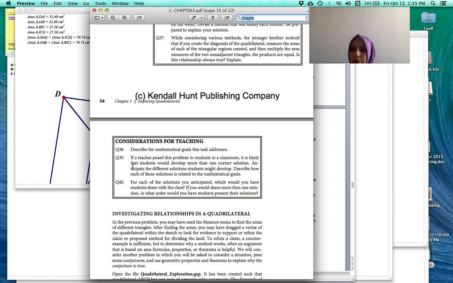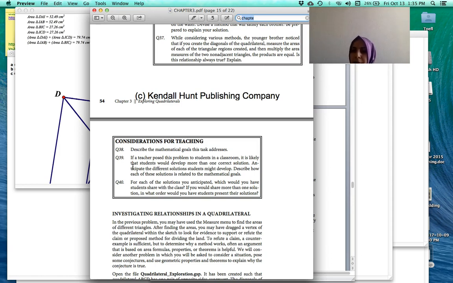Secondly, solve problems involving scale drawings of geometric figures, including computing actual lengths and areas from a scale drawing, and reproducing a scale drawing at a different scale.